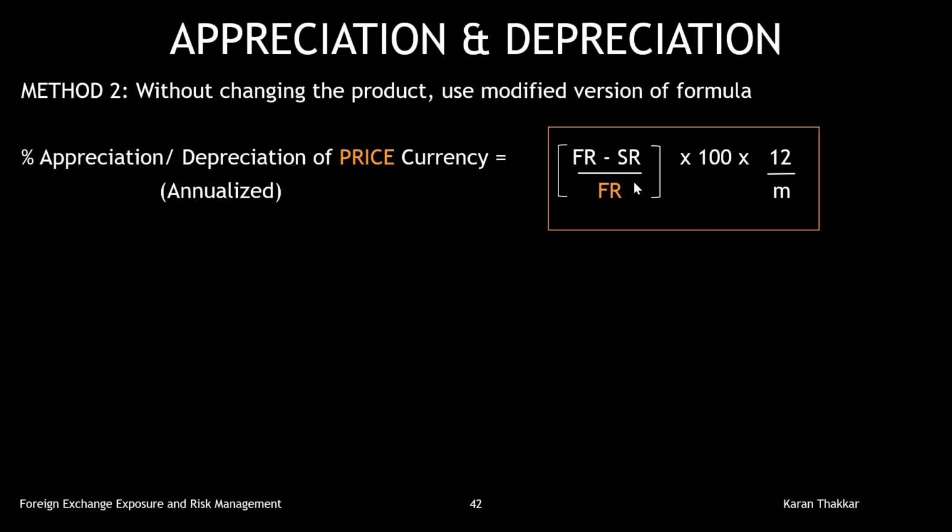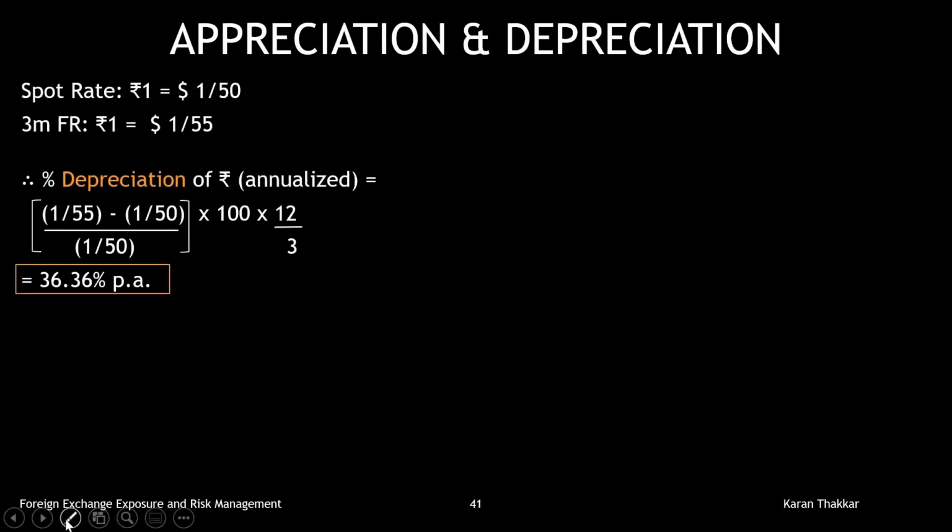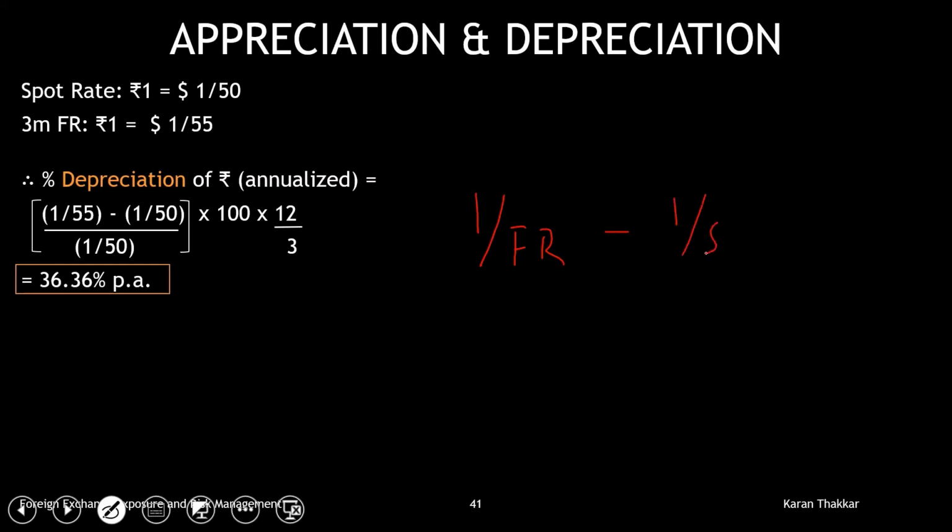You may ask why forward rate is used in the denominator. Well, I'll show you how this formula got derived, and we basically go back to our method 1 to know how it was derived. So what you're basically doing over here is 1 by the forward rate, because 55 was the forward rate wherein the dollar was the product, minus 1 by spot rate, upon 1 by the spot rate.